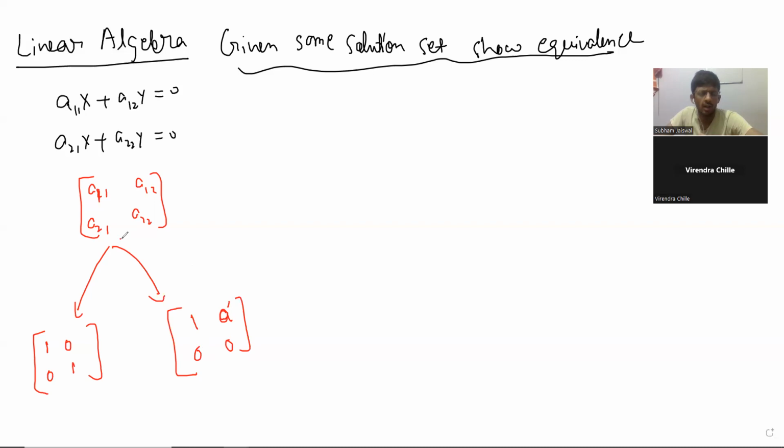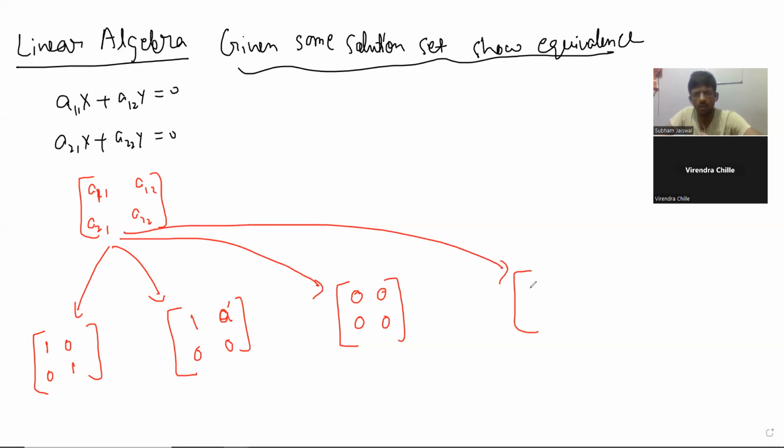And of course the other situation will be that the first column is 0, then this can also be 0, after reducing, or if this is 0 and this is 1.